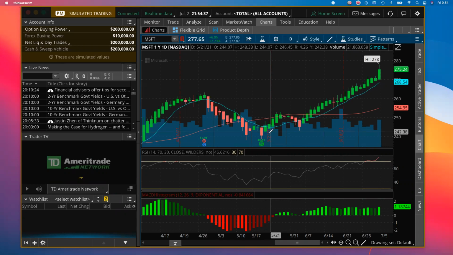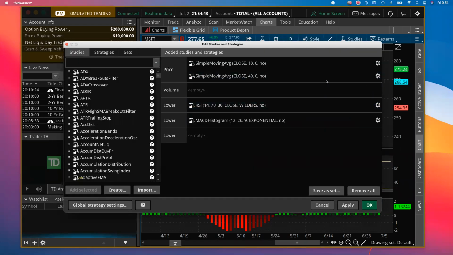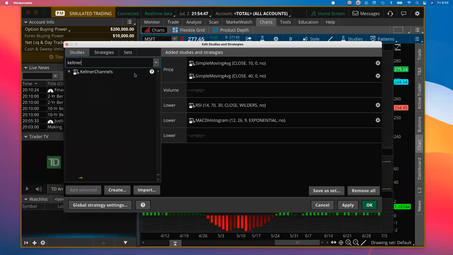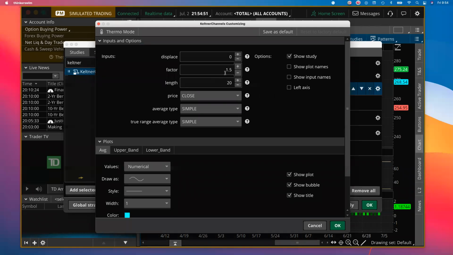And if you were a swing trader, again, I would bring in for myself, this is what I would do. Configure it from 1.5 to 2.25.